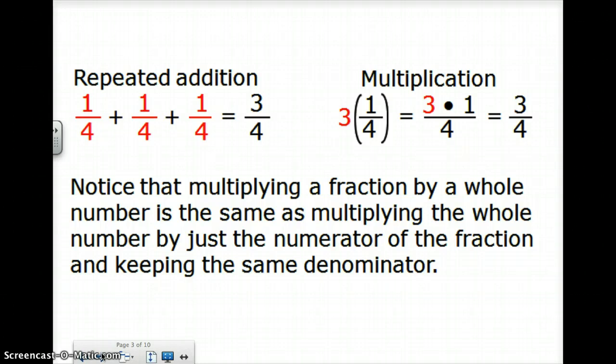Now notice, when you multiply a fraction by a whole number, it is the same as multiplying the whole number by just the numerator of the fraction and keeping the same denominator. Please remember that all whole numbers written in fraction form is that number over 1. Let's go ahead and try.